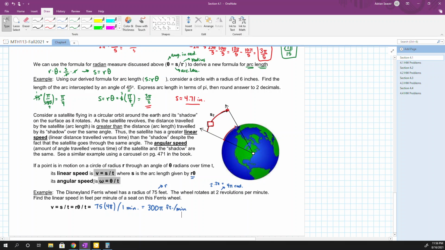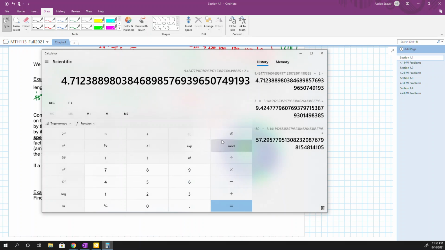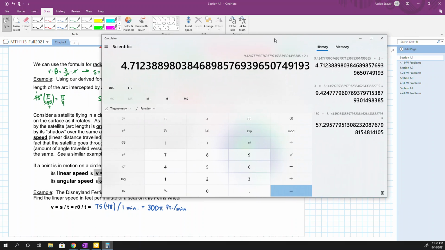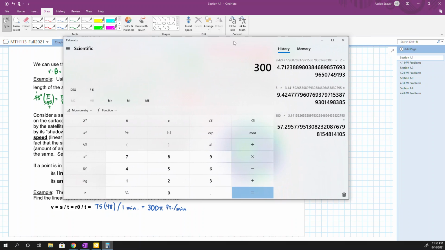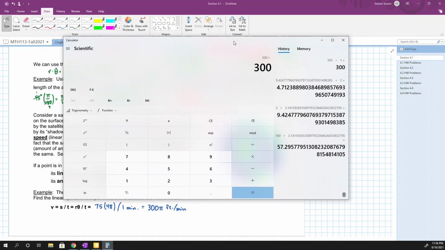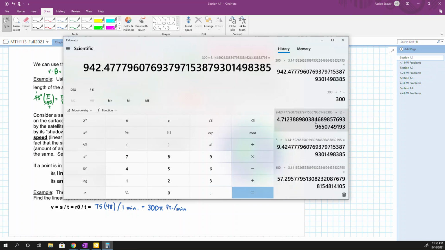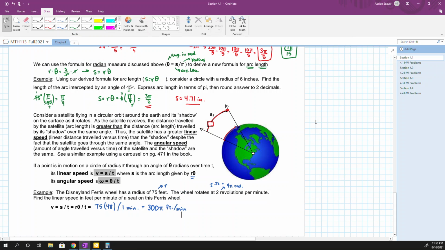So you're traveling that amount of feet per minute. That's one way to look at it. Let's see on the calculator, what is 300 times pi? 300 times pi equals 942.5. Again, that's feet per minute. It sounds like a lot, but again, that's per minute, not per second.